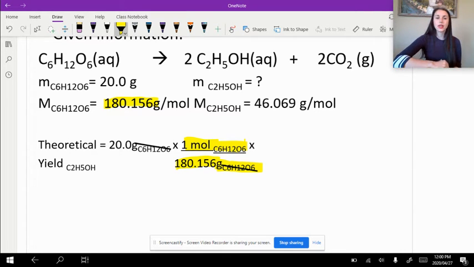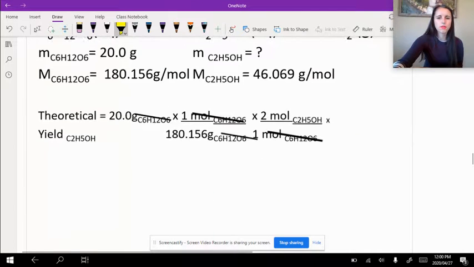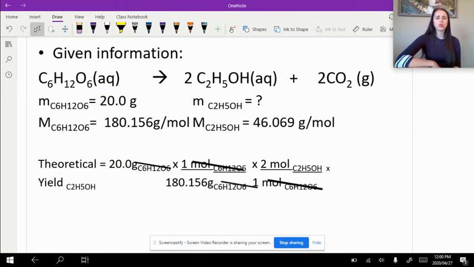Now, if you take a look at my answer though, moles of glucose is actually not in my answer either. So I need to figure out how to cancel out those moles of glucose. In order to do that, I'm going to use my molar ratio. So for my molar ratio, I want to put moles of glucose at the bottom here.